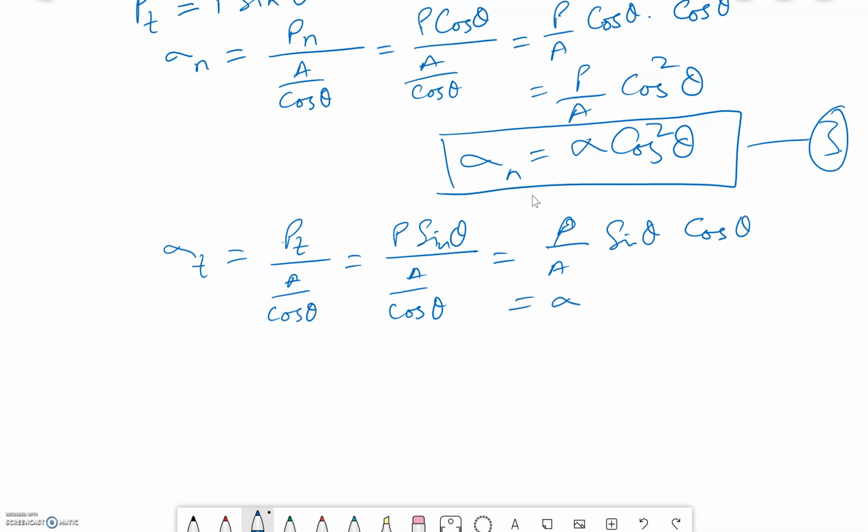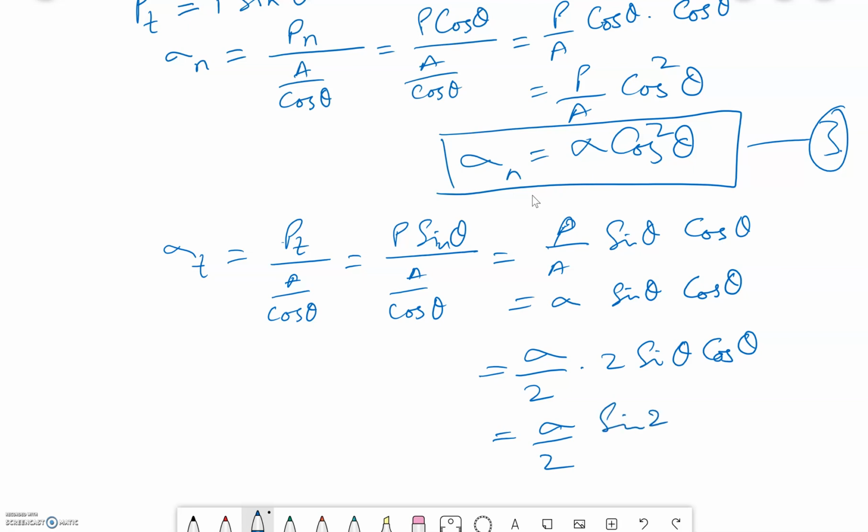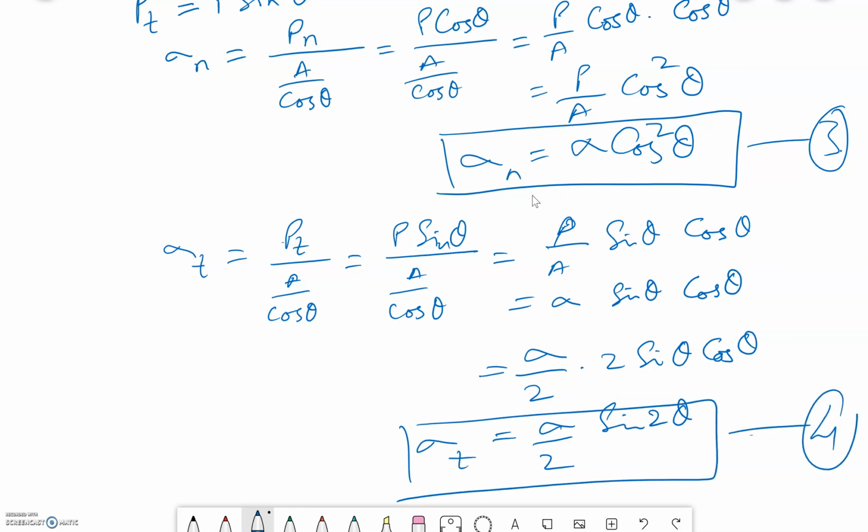P by A again becomes sigma, so sigma sine theta cos theta. Simplifying further, I multiply and divide by 2: sigma by 2 times 2 sine theta cos theta. 2 sine theta cos theta becomes sine 2 theta from our trigonometric functions. This is your formula for tangential stress.